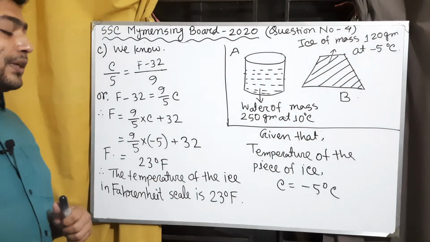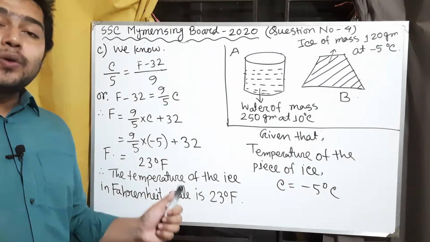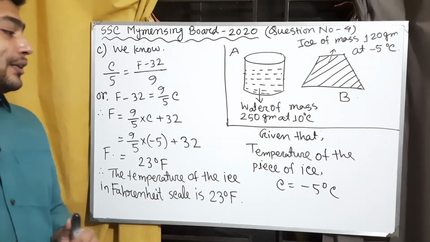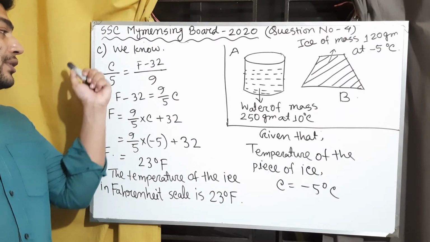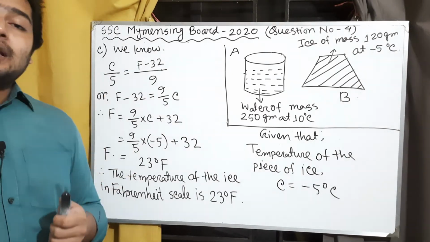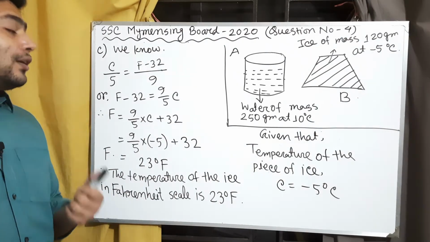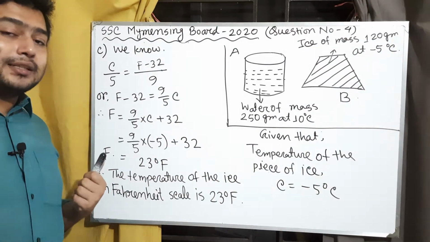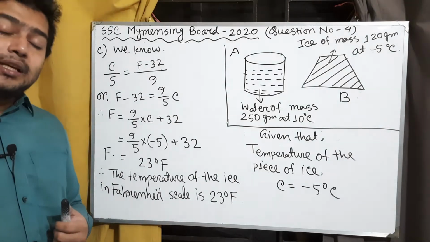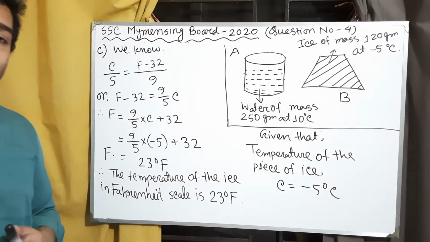So the temperature of the ice in Fahrenheit scale is 23 degrees Fahrenheit. Okay, so my dear boys, this is the process of converting the temperature from Celsius scale to Fahrenheit scale or Fahrenheit scale to Celsius scale. So this is the answer for question number C. Now we will try to solve question number D.